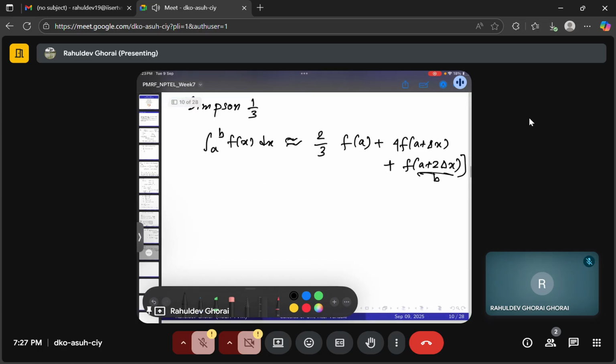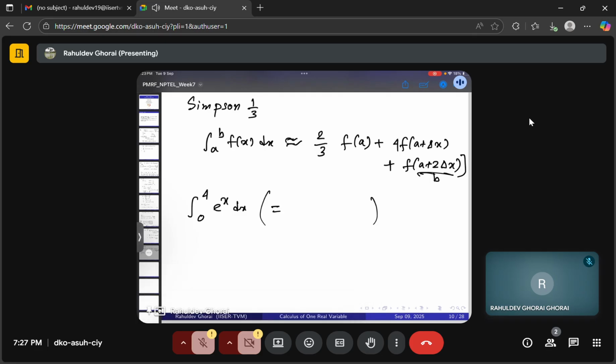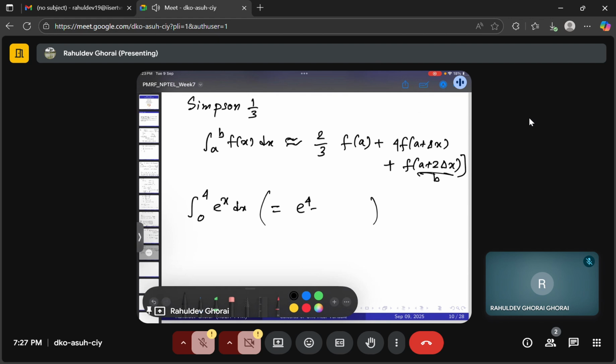So let's say using Simpson's 1/3 rule, we want to find the integral from 0 to 4 of e to the power x dx. What is the exact value of this? This will be e to the power 4 minus e to the power 0. If you calculate it, the exact answer will be 53.59815.